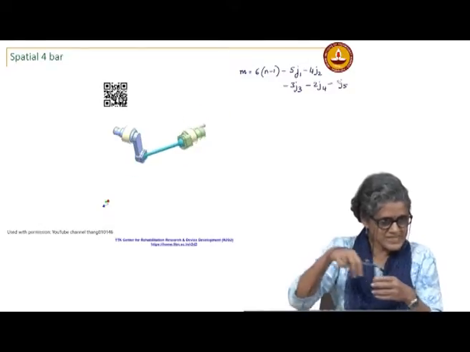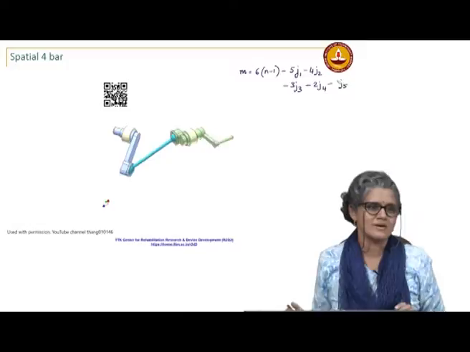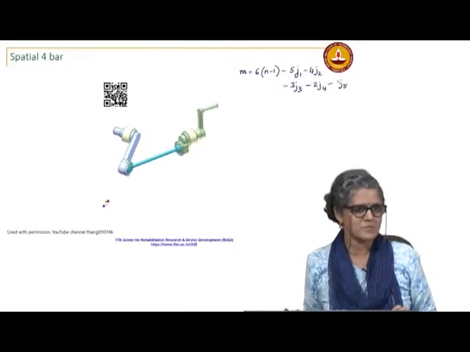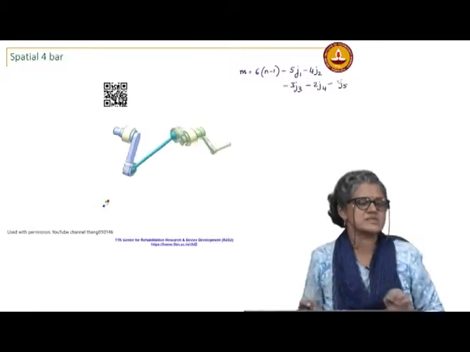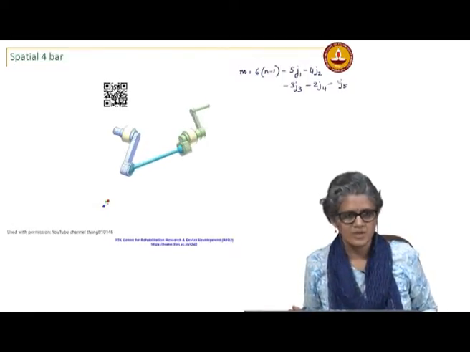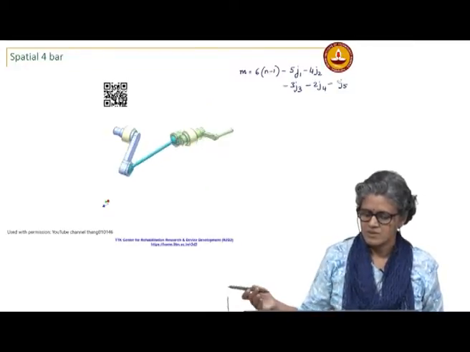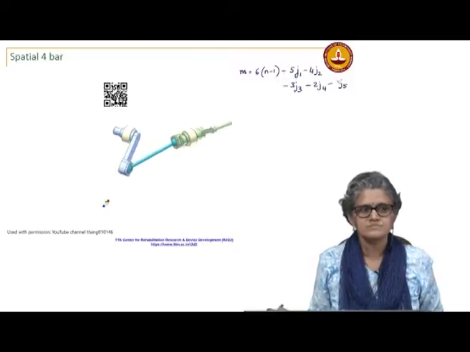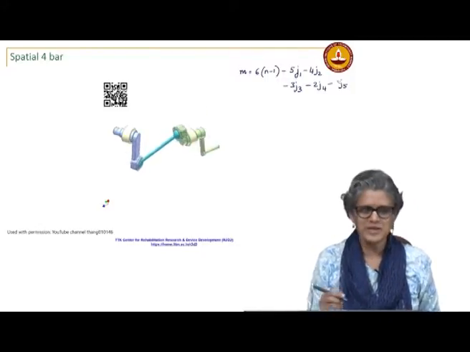So, the ball can slide within that slot, but that slot can slide in another direction in the plane. So, that becomes a composite joint which has 5 degrees of freedom. Okay. So, yes, here the coupler's rotation about its own axis. So, we are coming to that.